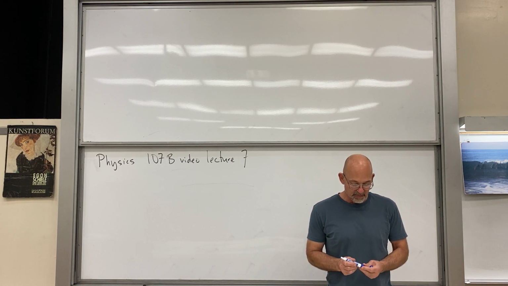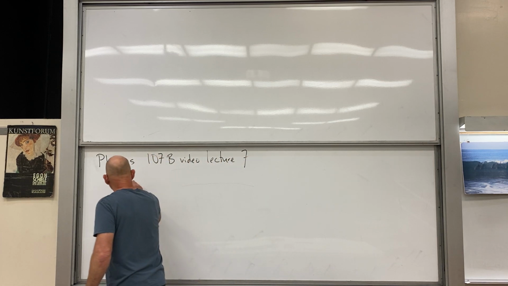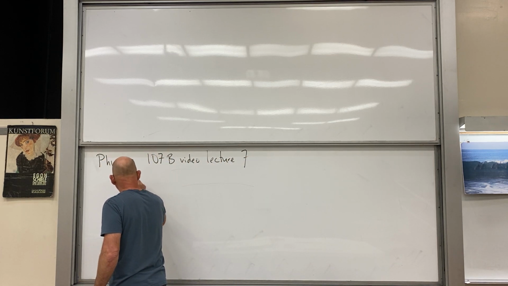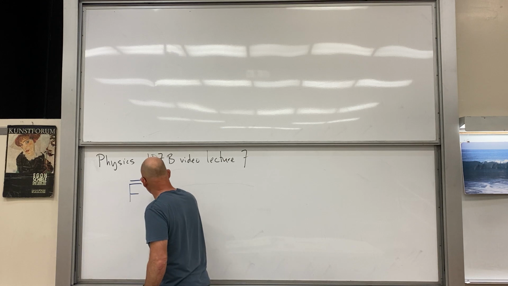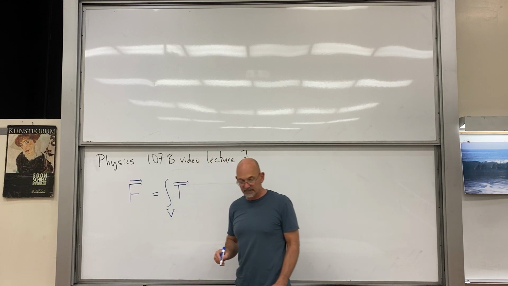I'm going to go back a couple steps and first of all just write this expression for the force. This is the total electromagnetic force integrated over a volume, and we have this Maxwell stress tensor.